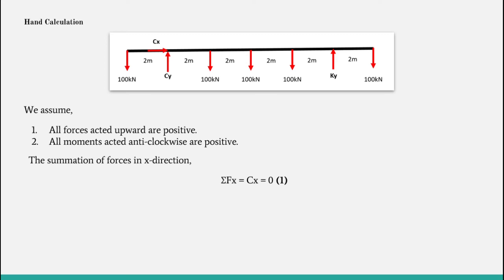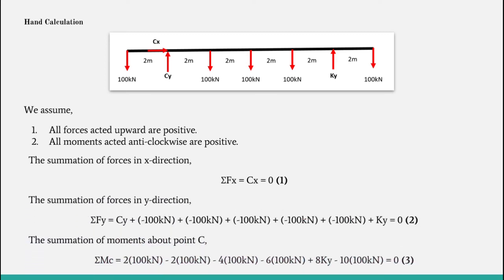As you can see on the free body diagram, only one force, which is Cx, acts in the x direction. Therefore, Cx is equivalent to 0. The other two equations of equilibrium, which are the summation of forces in the y direction and the summation of moments about point C, can help us find Cy and Ky.